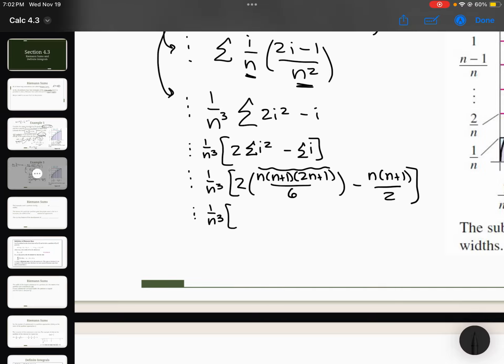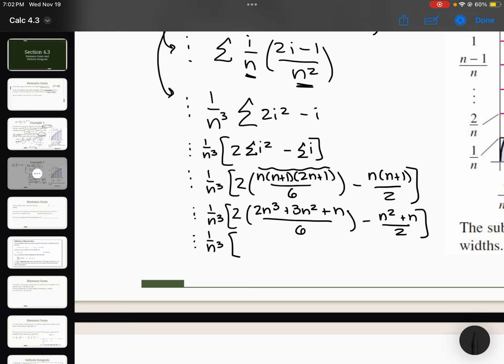We have 2 outside here, and then we have 2n cubed plus 3n squared plus n, all over 6, minus over here, I'll distribute this, (n squared plus n) over 2. All right, I want to do a little bit more distributing over here. I'll go ahead and distribute this 2 and split all of these up into separate fractions.